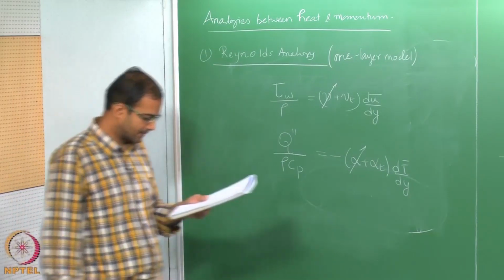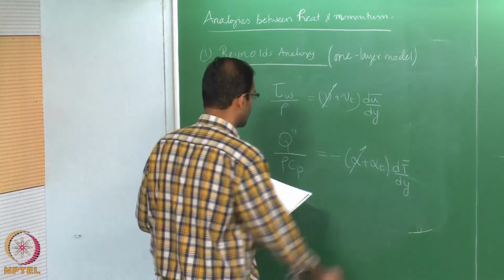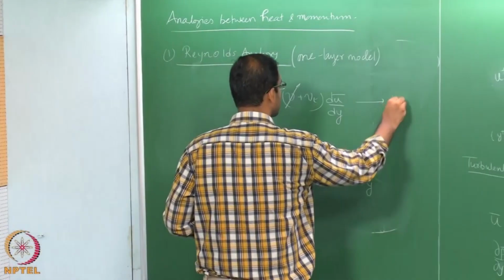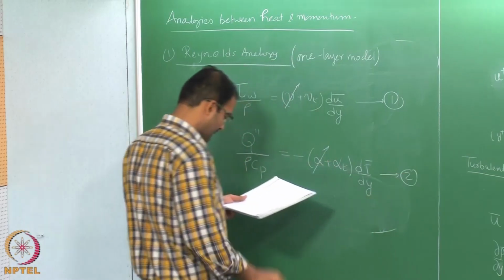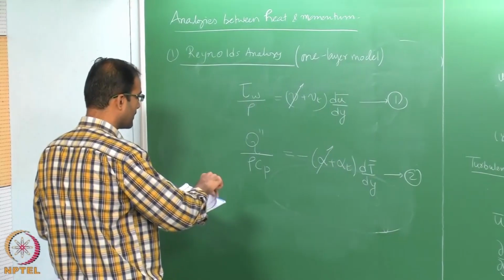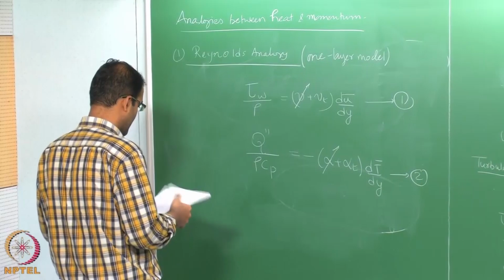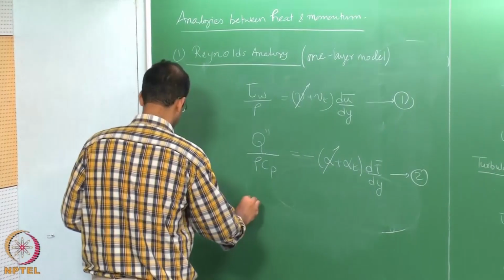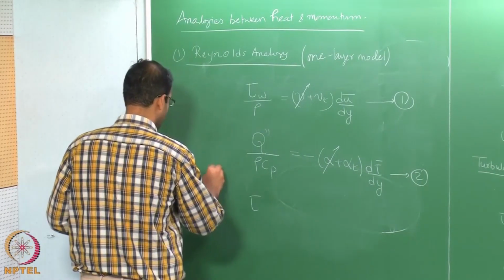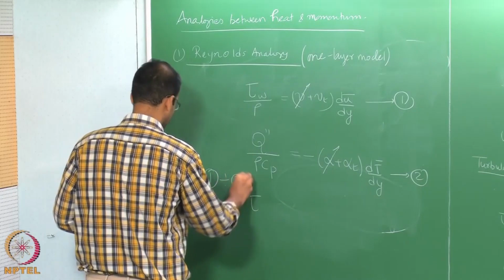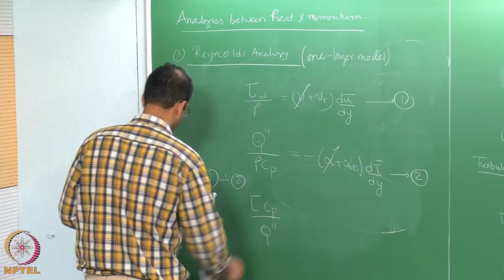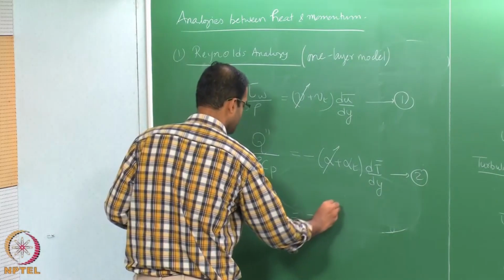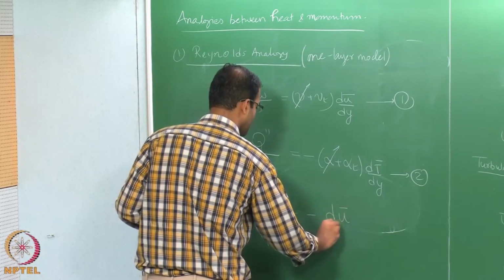So, in that case we can divide, let us call this equation 1 and this equation 2, we can divide 1 by 2 and we will therefore have tau Cp by q double prime equal to minus d u bar by d T bar.